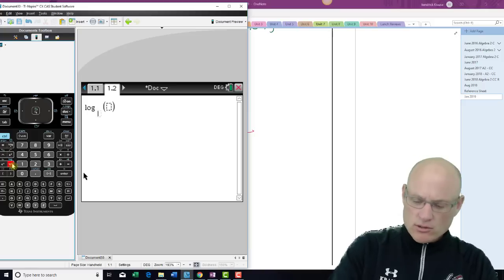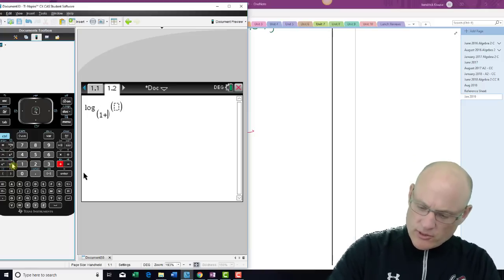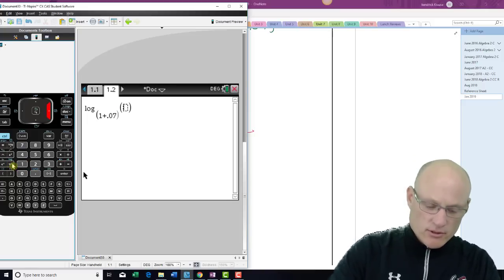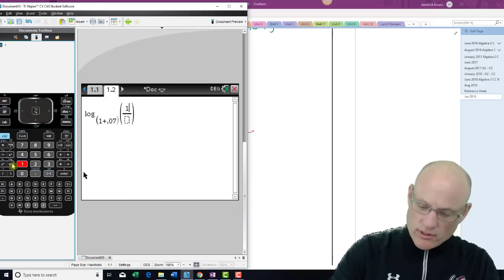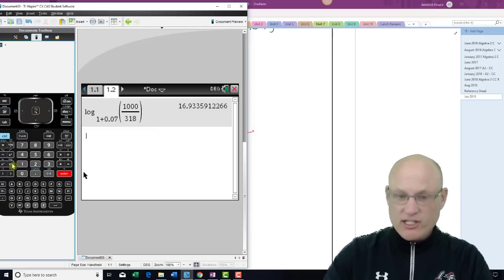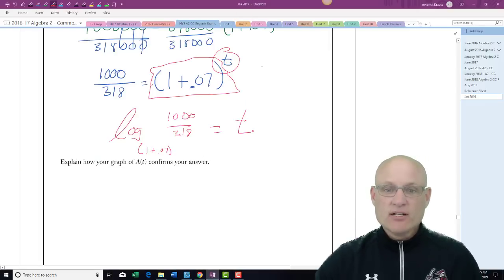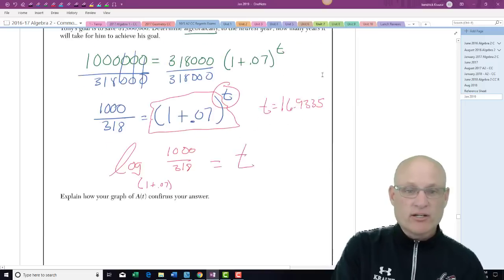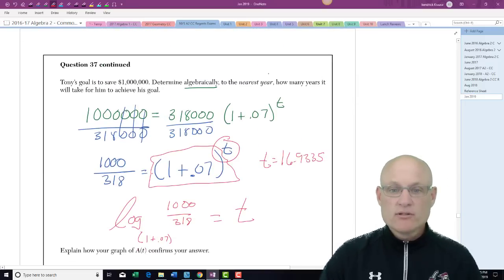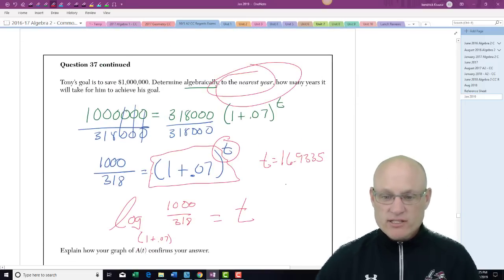Control log 1 plus 0.07. Control division 1,000 divided by 318. And I get 16.9335. So t equals 16.9335. It said rounded to the nearest year. So t equals 17.